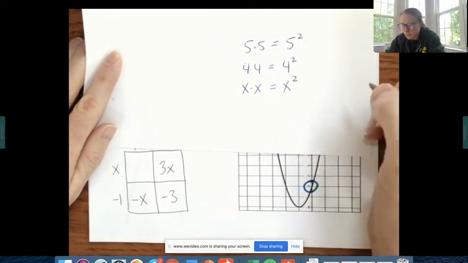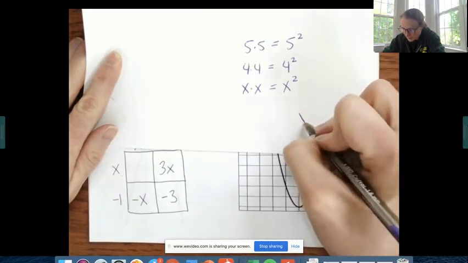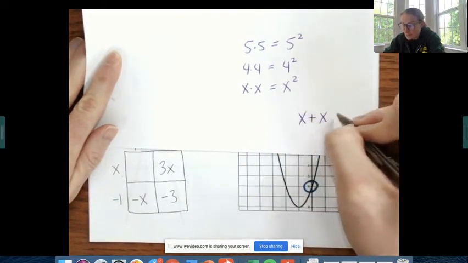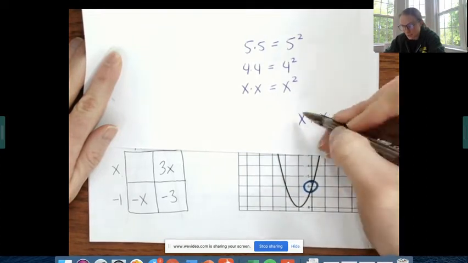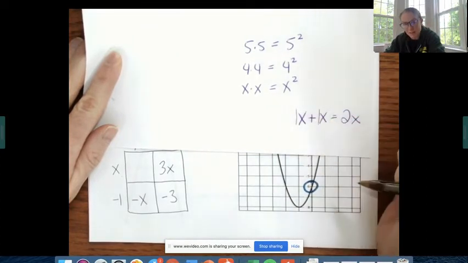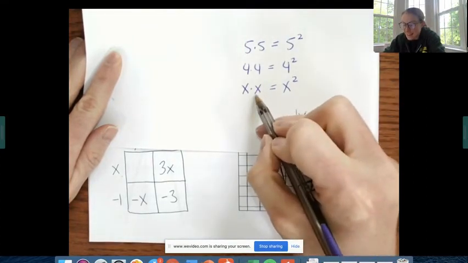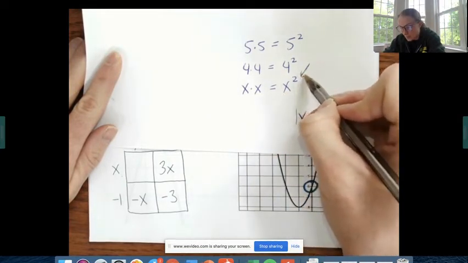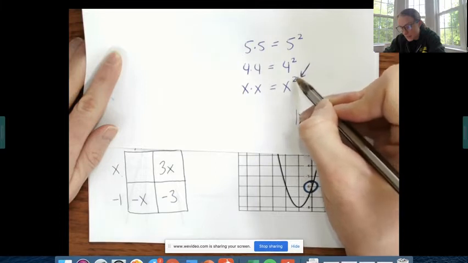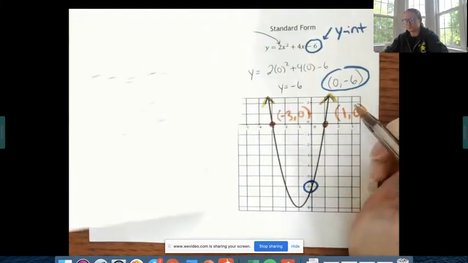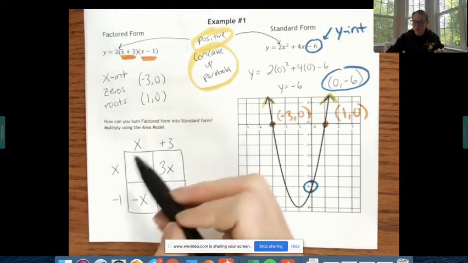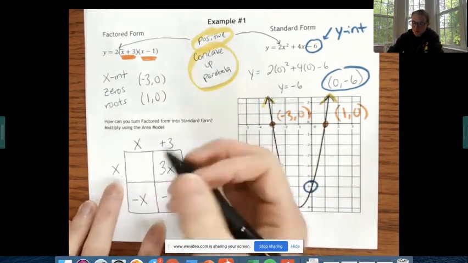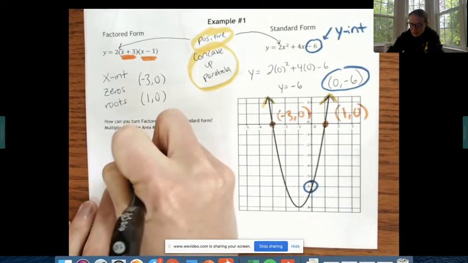A lot of people think it's 2x, but let's talk about that. x plus x is going to give you 2x because this is 1x plus 1x. But x times x is going to give you x squared, which is what makes it a parabola, because parabolas need that power of 2. So when I multiply this one right here, x times x, that is going to give me x squared.